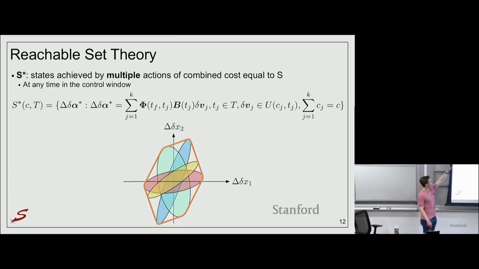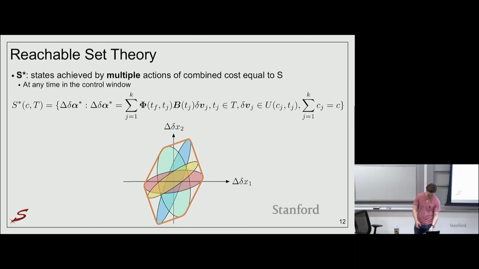So we have our set, we have our pseudostates able to be achieved by K maneuvers, an arbitrary number K, in the control window of times T, of maneuvers that add up to this cost of C. The important thing about this, as you remember, is that we're using a norm-like cost function, or the L2 norm, which means that it scales linearly. So this, in effect, is just a linear combination, which means that we've just defined the convex hull of maneuvers that can be achieved in the control window.